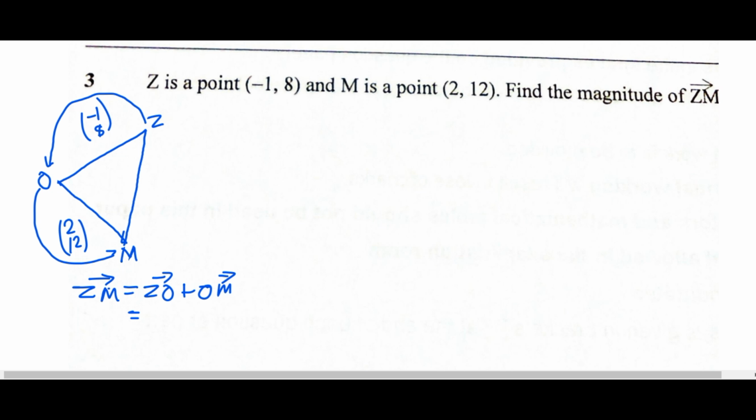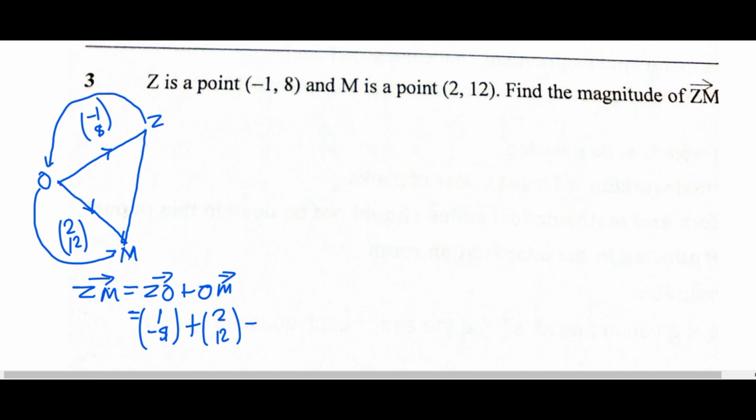Vector OZ is negative 1, 8. What is ZO? ZO is like we are moving against the arrow, so we multiply negative 1 and 8 by a negative number, so we just change the sign. This will become 1, negative 8, plus OM. We are just going toward the arrow, so this will be 2 and 12.